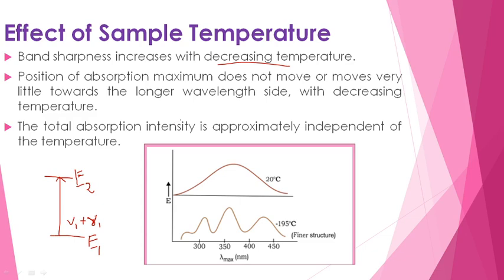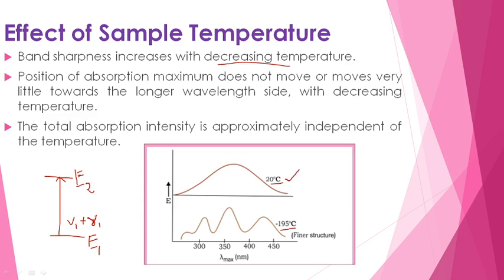If the temperature increases, the effect of vibrational and rotational levels also takes place. So vibrational and rotational levels can be superimposed on the electronic levels, and you get a broad spectrum. This is the spectrum at about 20 degrees centigrade, and this is at about minus 195 degrees centigrade.